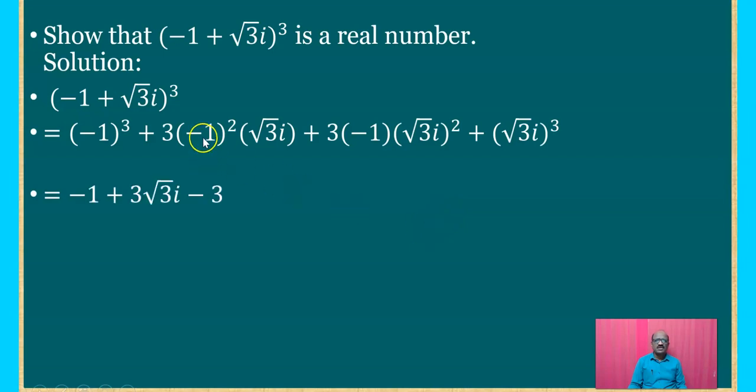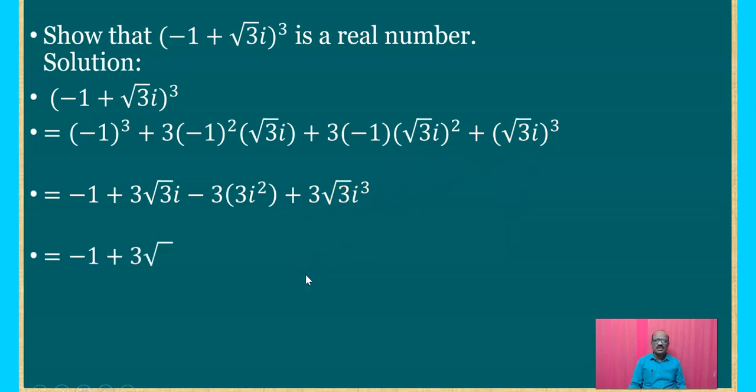Minus 1, and here is a plus 1. 3 into root 3i. Next is a minus 3. Root 3i square means what? 3i square. And last is (root 3i) cube, which means root 3 into root 3i into root 3i into root 3i. Root 3 into root 3 is 3. 3 root 3 i cube.